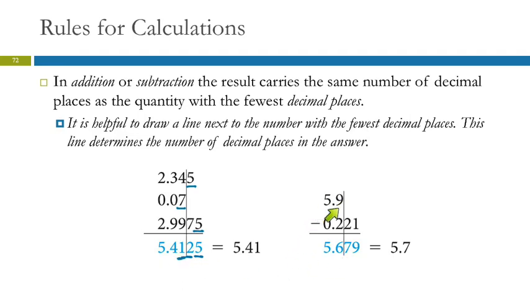This is a subtraction example, 5.9 minus 0.221. And we see that 5.9 stops here after the first decimal place. So I draw a line, and that tells me that my answer is going to stop after the first decimal place. Calculator says 5.679. I'm going to keep this place. We'll talk about this in the next slide.